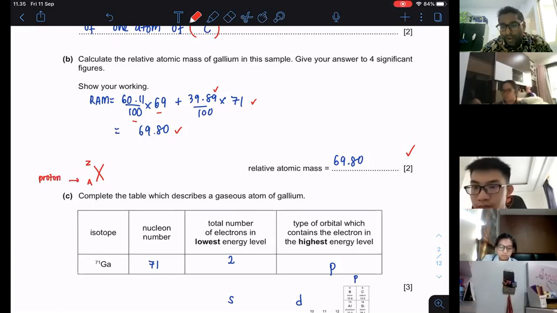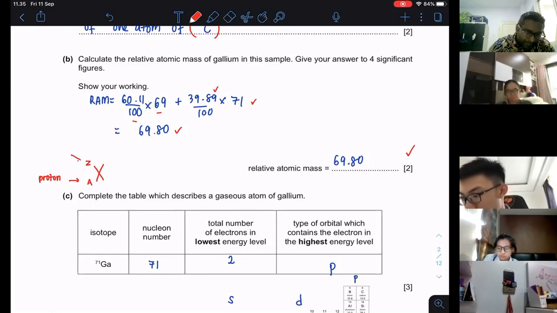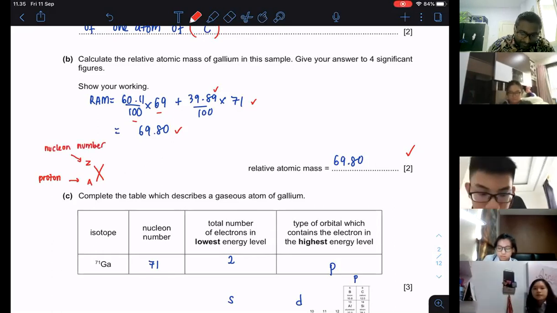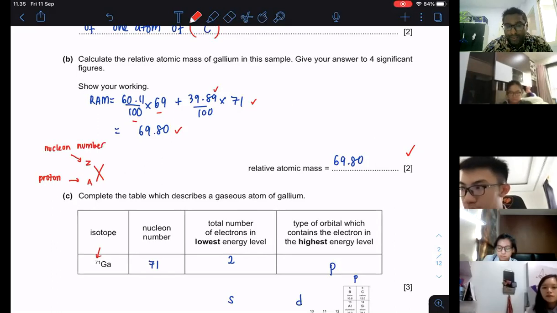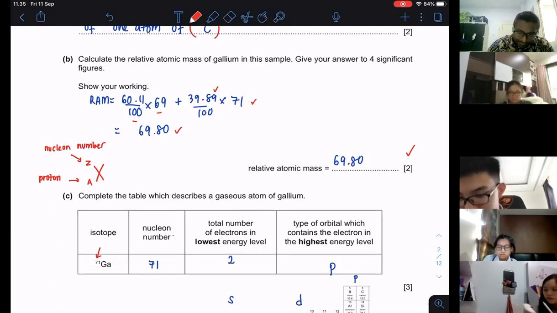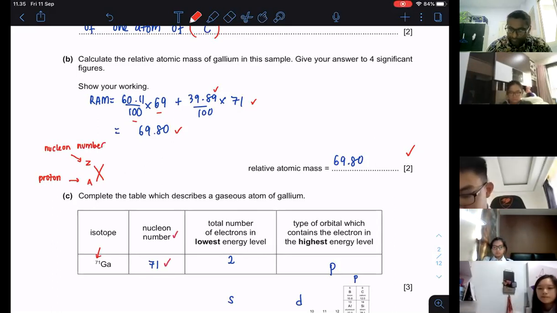Forget about how it is represented in the periodic table, we don't bother about that. Whenever you have it in written form, the top part will always represent the nucleon number. So the nucleon number over here is going to be 71, which is your mass number. So they ask what is the nucleon number. No need to refer to your periodic table. The nucleon number is 71.